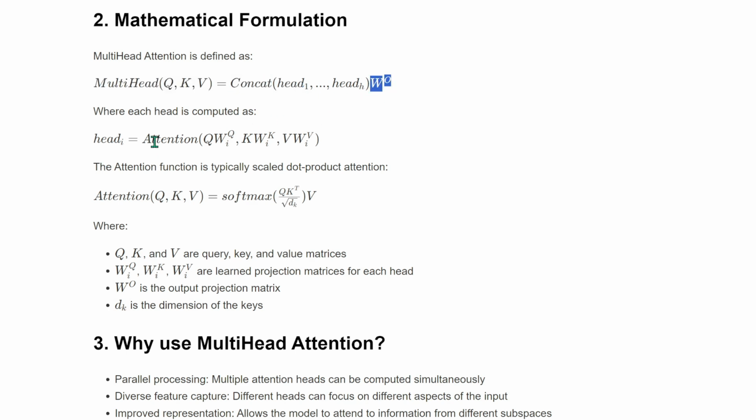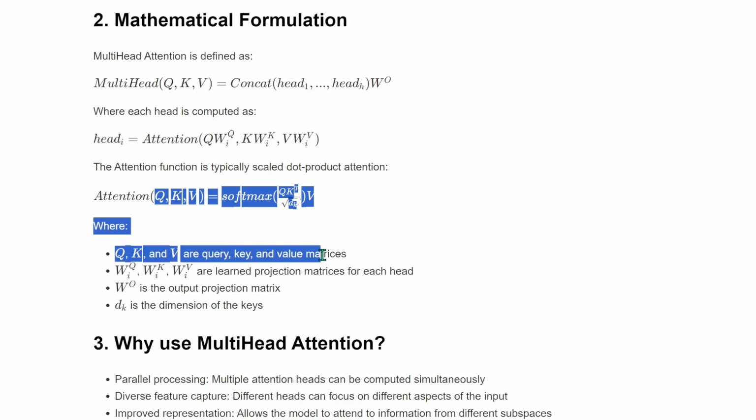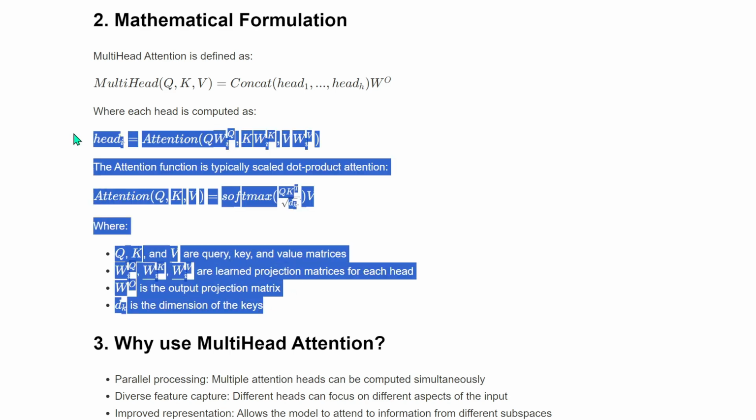In each attention you calculate query key transpose: the query is multiplied with the weight query, the key with the weight key, and the value with the weight value. All are provided as inputs, and then you follow the normal attention function, which is softmax of QK transpose divided by root of dk, into V. This is the conventional one.